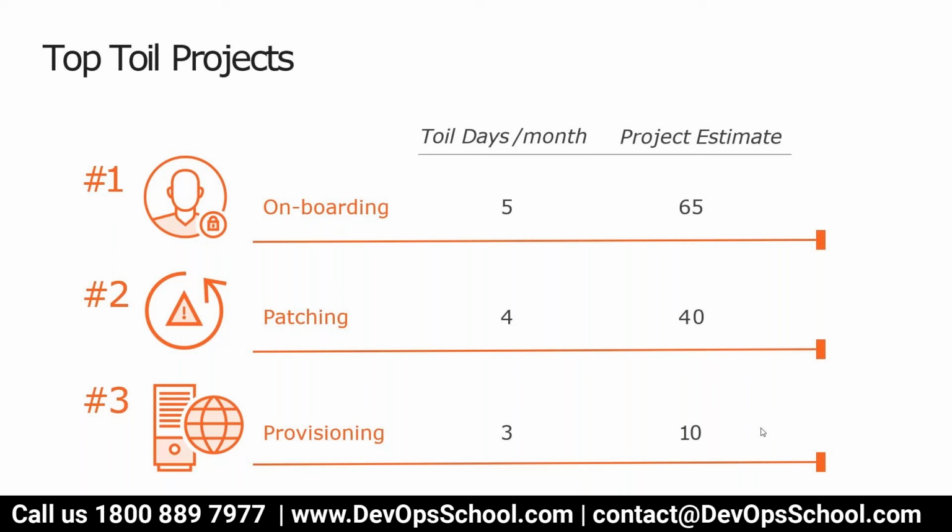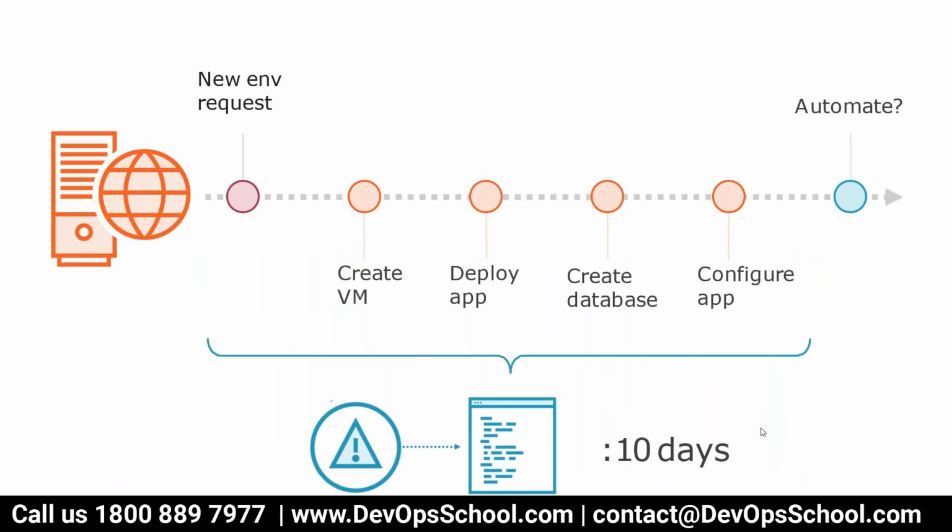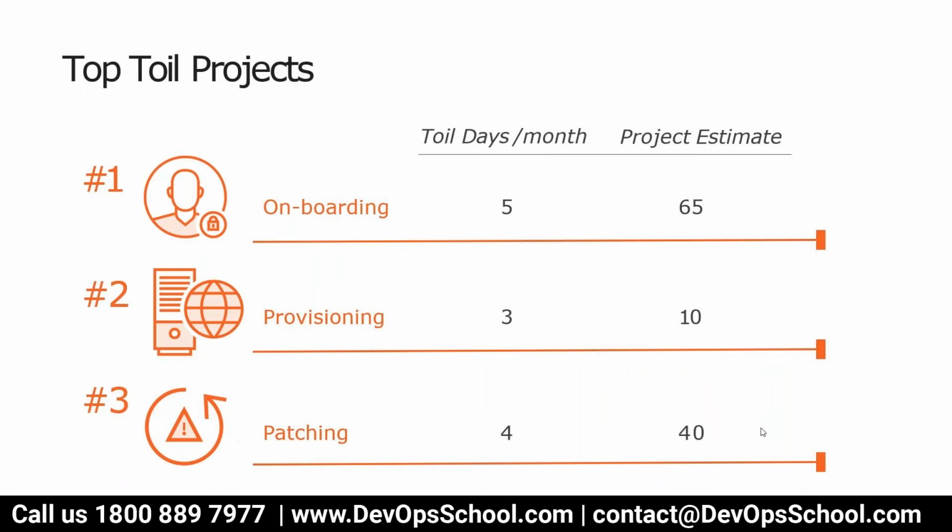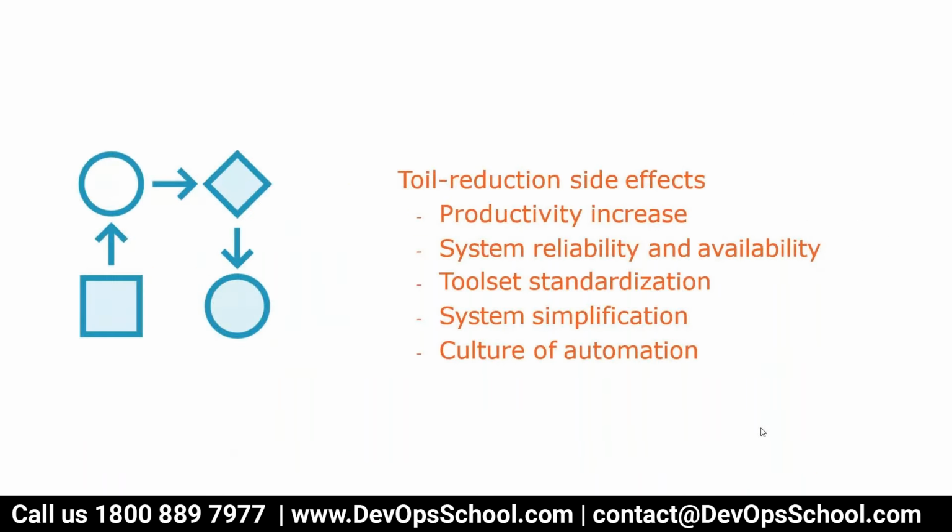Second, whatever toil work you have, you have to keep automating it. In order to automate those toils, you first need to identify whether it's a toil or not. Then measure how much effort and cost is required for managing the toils, and then set priorities on which one to automate. If you are doing all this, then this is a good approach. This is an SRE approach. This is something I would suggest you do.